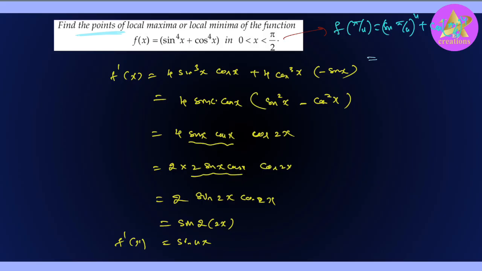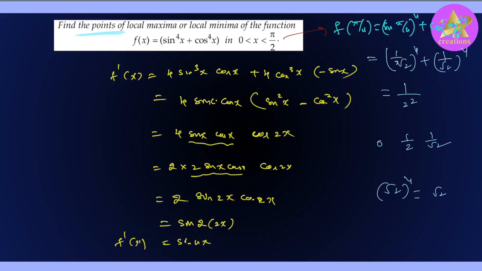Cos 45 degree and sine 45 degree are both 1 by root 2. So 1 by root 2 whole power of 4 plus 1 by root 2 whole power of 4 we get. That is nothing but 1 by 2 square, because root 2 whole power of 4 can be written as root 2 whole square into 2.